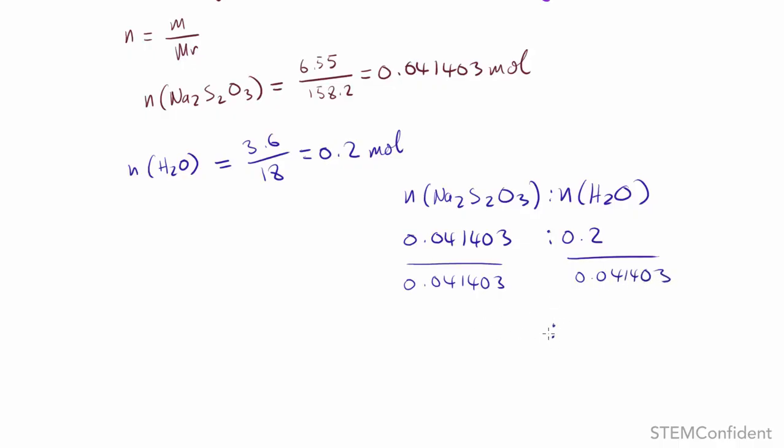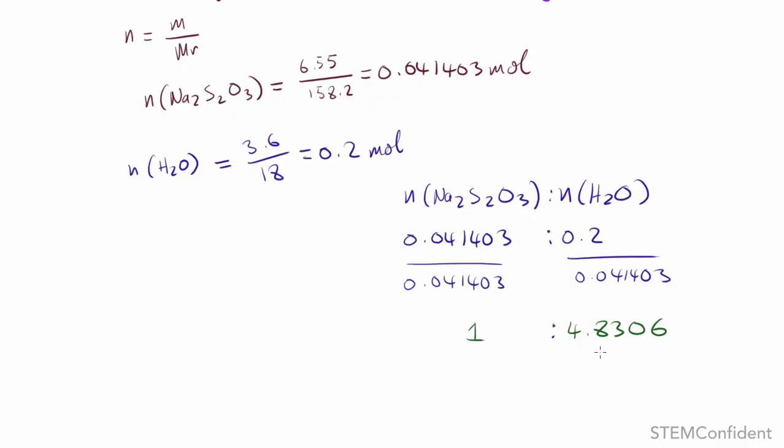And so that's going to give you a new ratio, and it's going to effectively be 1 on one side, and then the other side, I'm going to round this, is going to be 4.8306, okay?